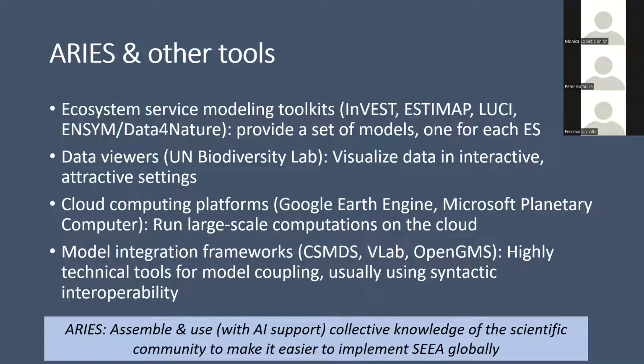We're trying to make various data sources and models interoperable. And with AI supports, those can be used more easily to implement SEEA globally. So that's really the vision and how ARIES differs from some of the other approaches that are out there for all these different types of things, from ecosystem service modeling to data viewing to cloud computing.